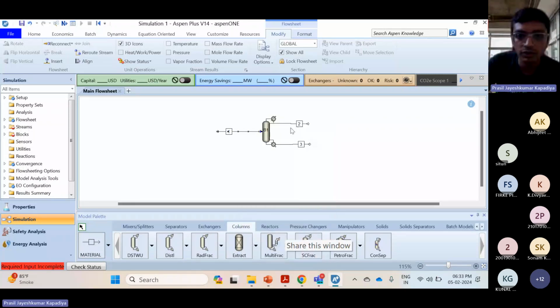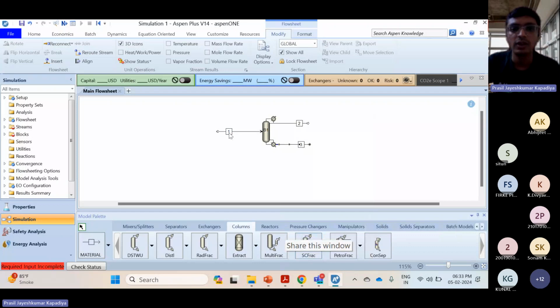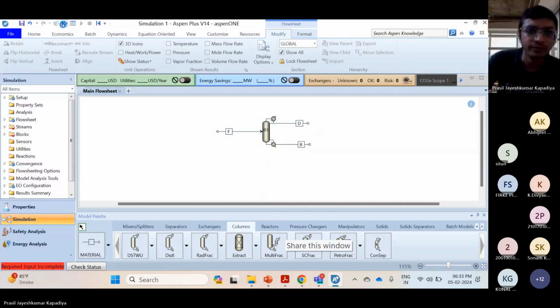We will align blocks. This is just to make our simulation look better. Let's say this one is feed, this is top, and this is bottom, or let's say distillate and bottom.